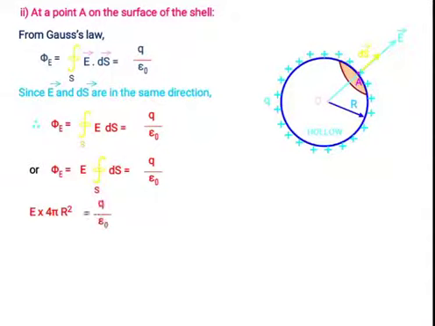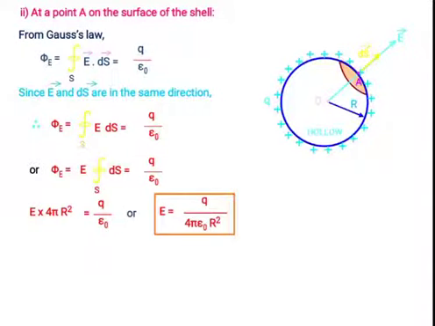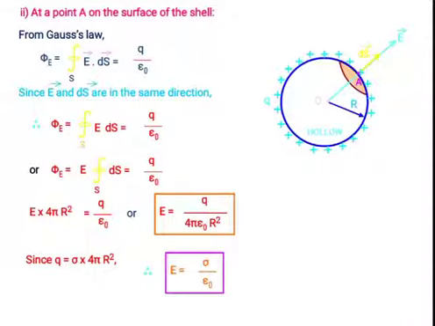Now what is ds? ds for this spherical shell is 4 pi r square. The RHS stays as it is, so E is equal to q divided by 4 pi capital R square. Then what is q? Just now we discussed; substitute the value of q. Again the same, E is equal to sigma divided by epsilon naught.